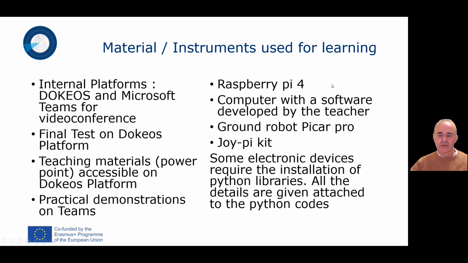We have used one robot to illustrate some applications, and this robot was named Picard Pro. We have used a Joypi kit to study electronic devices. Some electronic devices require the installation of Python libraries. All the details are given attached to the Python codes.